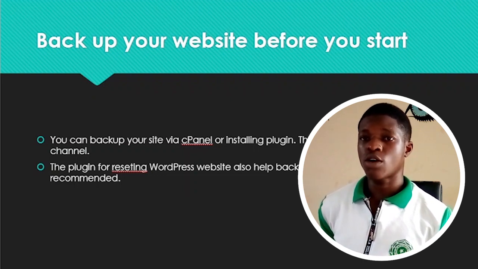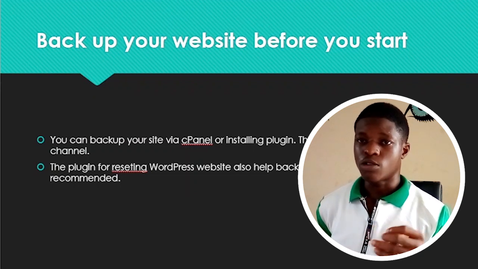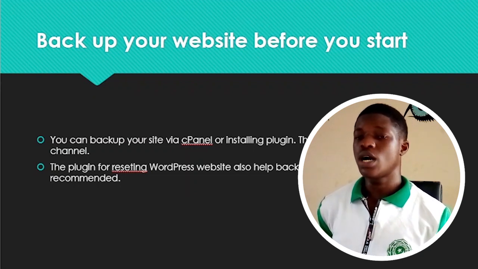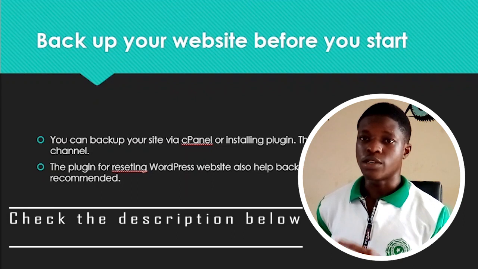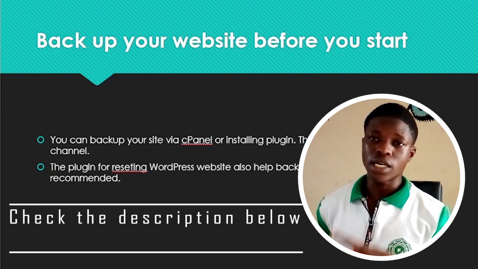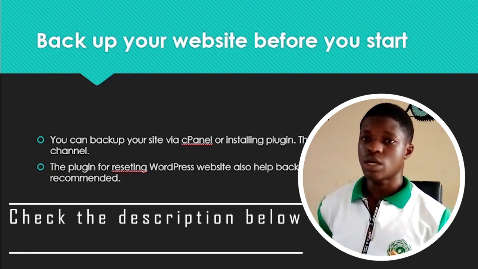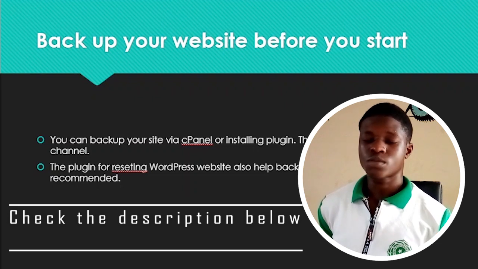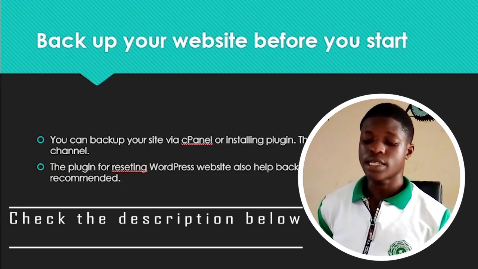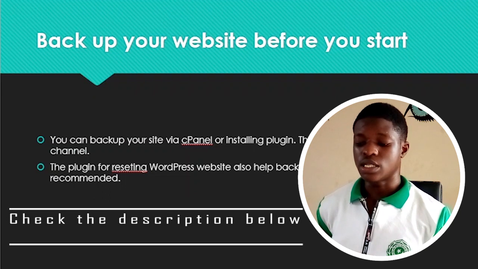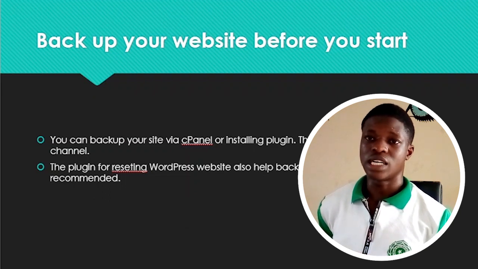You can use a backup plugin. For more information, check the description of this video. I'll put the link to a video on how to back up your website step by step in the description. You can back up your website via cPanel or by installing a plugin. This is a backup video on this channel.